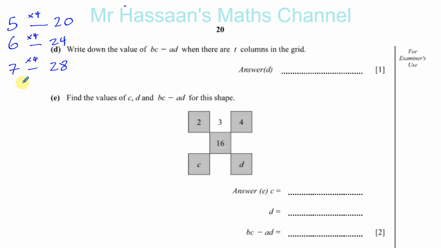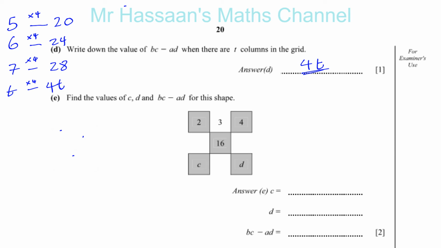And it says find the values of C and D and BC minus AD for this shape. Now we've got to try and figure out how to deal with this. You could do this in a couple of ways. First of all, let's find what C and D are. The number over here is 12 less than 16 in this case, so the number in this position must be the same number above that.